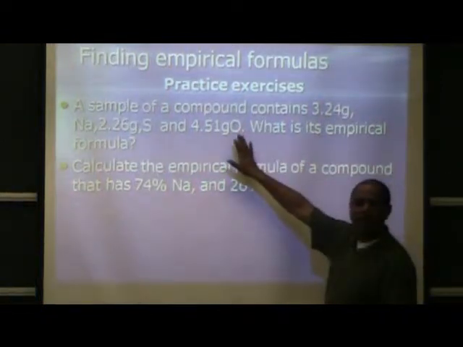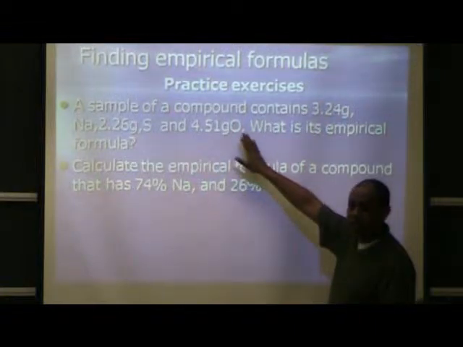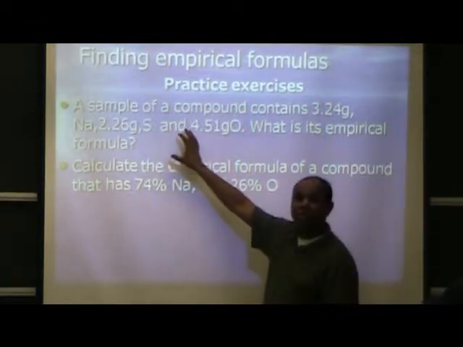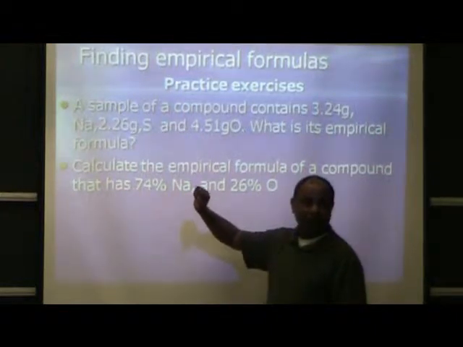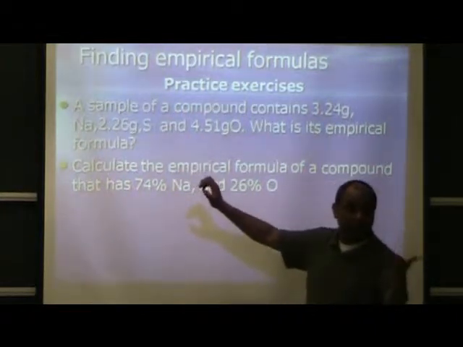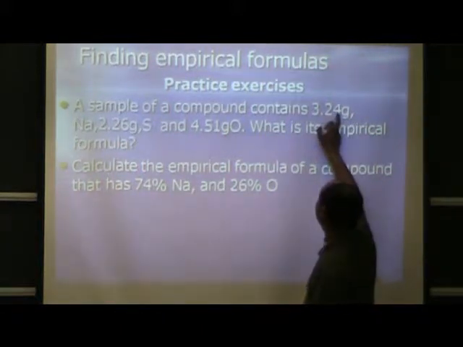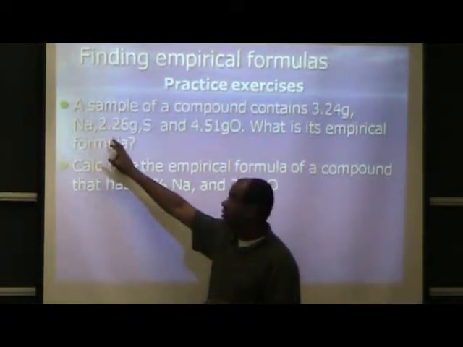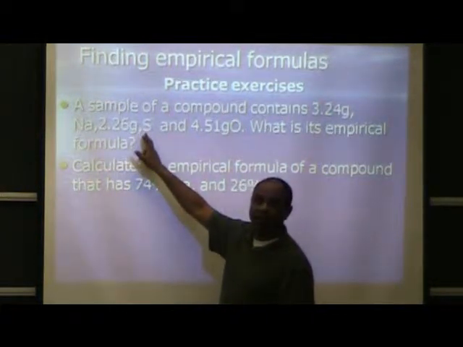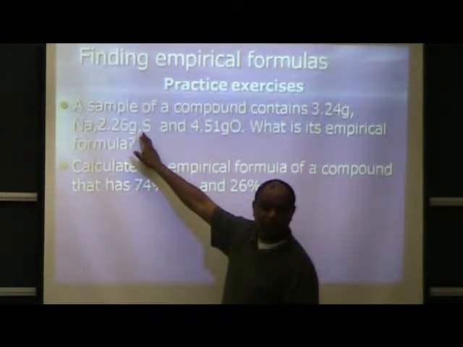So the very first thing you need to do is divide each amount by their respective atomic weights. Is that clear? She said 3.24 divided by 23. That's one step. We continue: 2.26 divided by 32, because the weight of sulfur is 32.